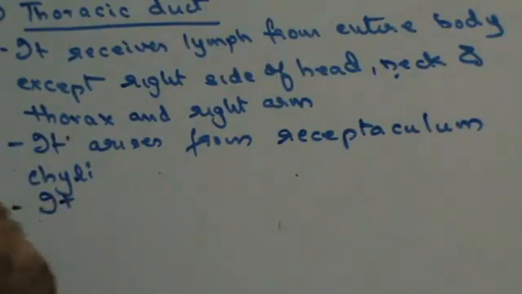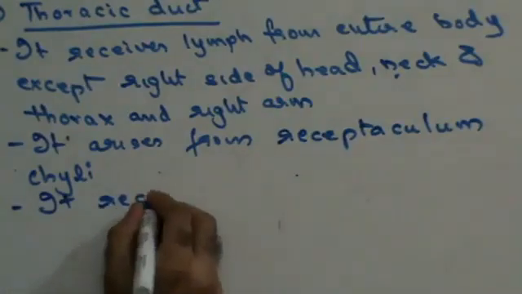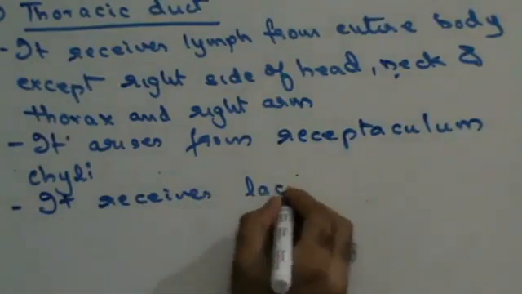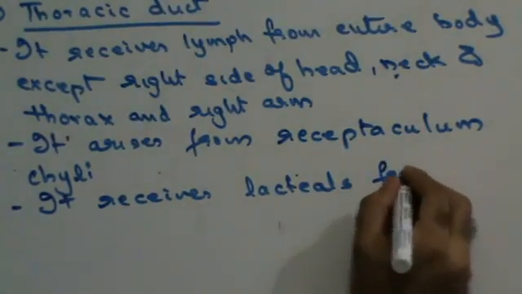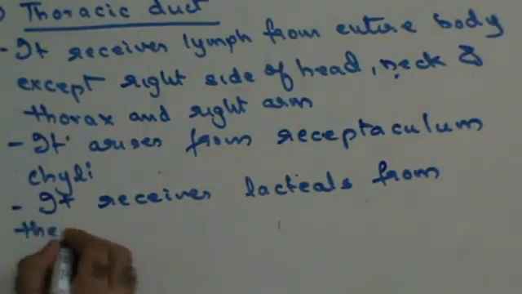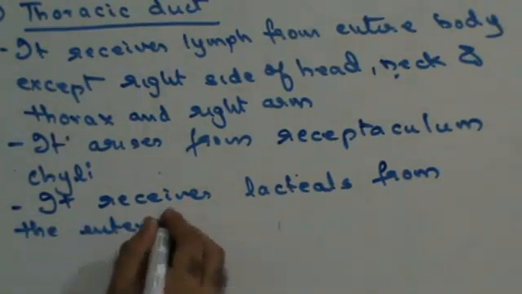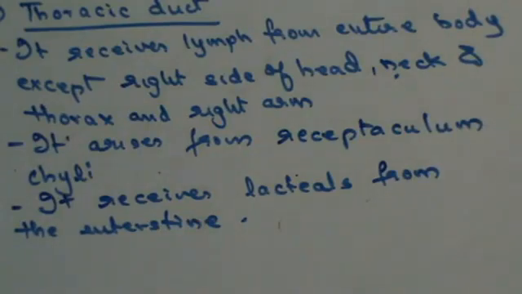So it receives lacteals from the intestine. They come from the intestine, have a milky appearance and a high content of absorbed fats. Right? Where does it go?